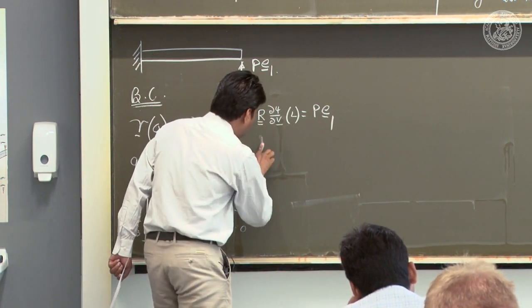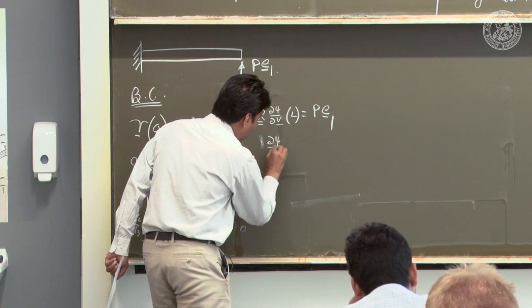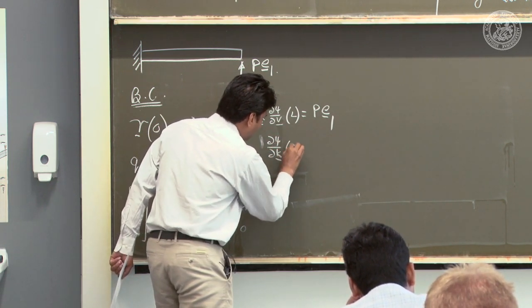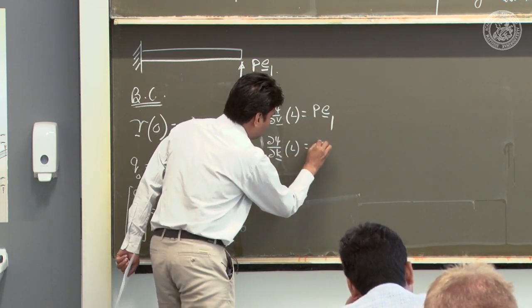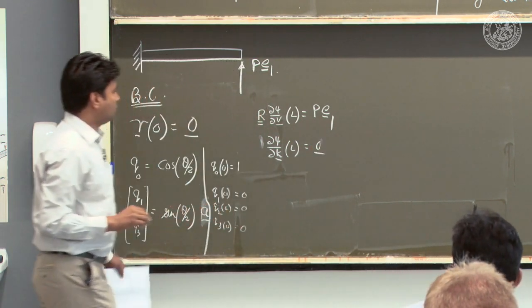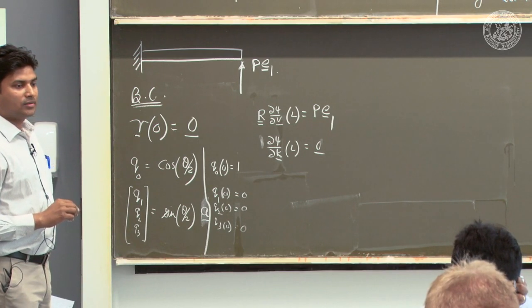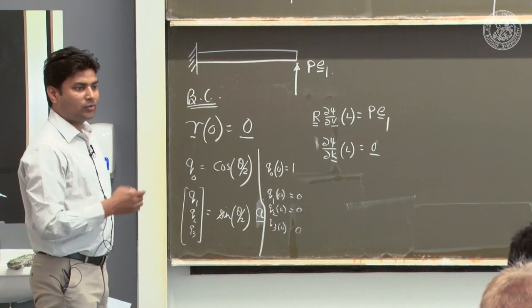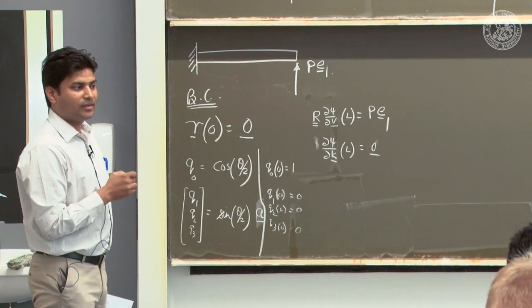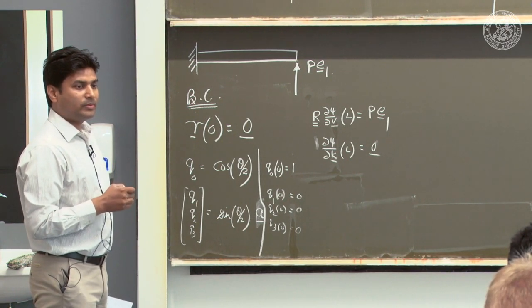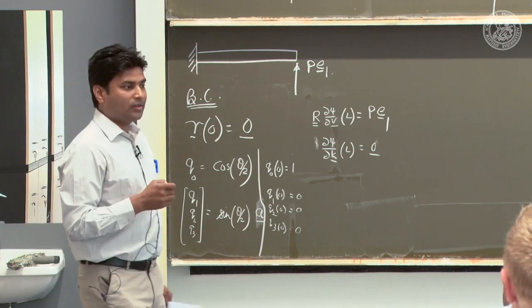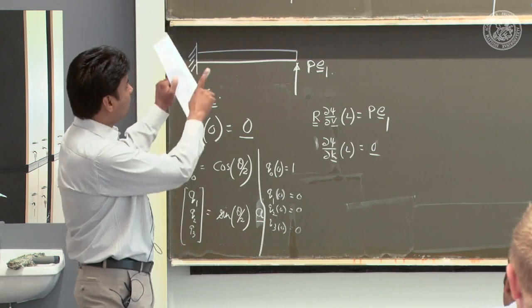Similarly, for the moment, which is del psi over del K at L equal to 0. So, you have got those 13 boundary conditions, right. So, can you solve it in MATLAB? You can use the BVP solver. You have the boundary condition, you have the equations.